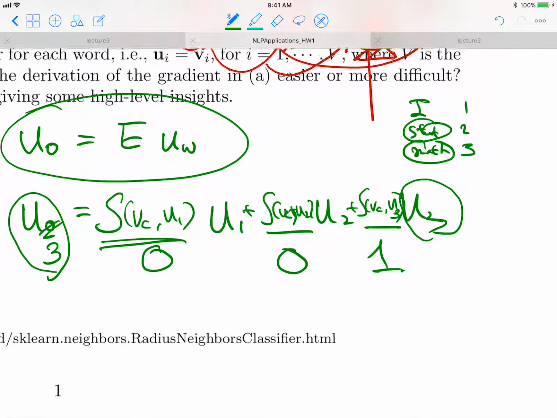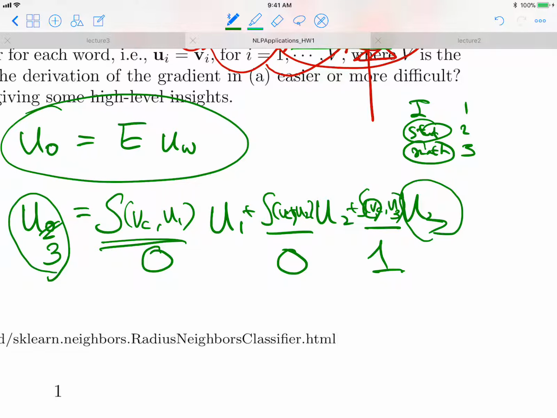That means V3 has perfect similarity with U3, like an infinitely large number. And the similarity between V3 and U2 and U1 should be an infinitely small, or negative infinite number, in terms of the inner product. That way, after doing the softmax, it will give us 0, 0, and 1, right?